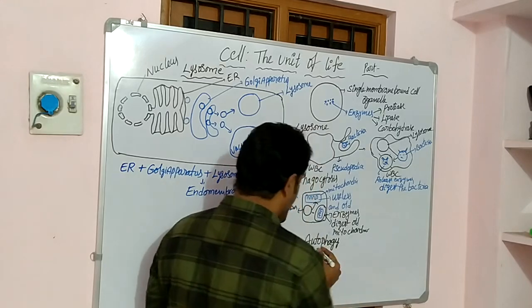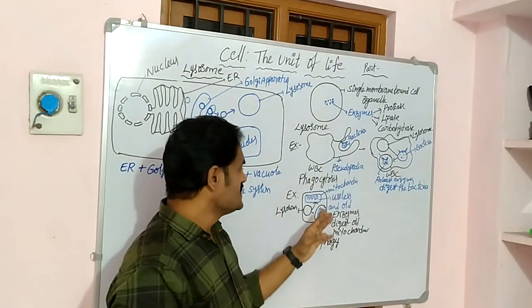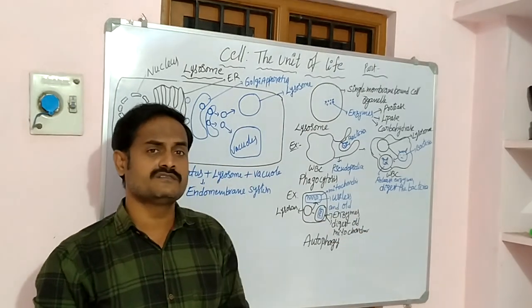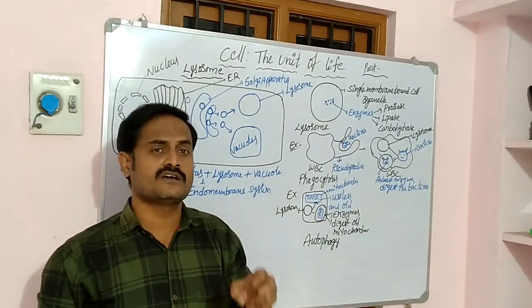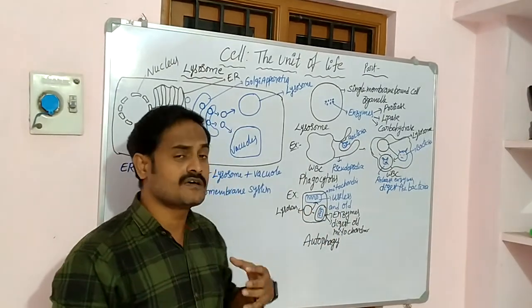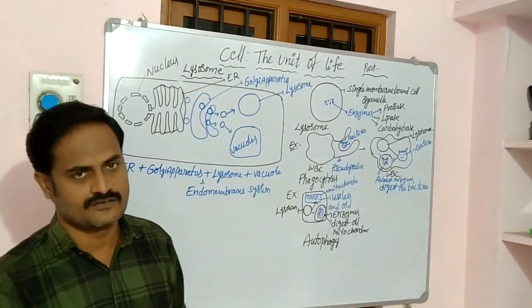Autophagy. Auto means self, phagy means eat. So lysosomes are involved in destroying the old and useless cell organelles present in our cells. That is the second example.